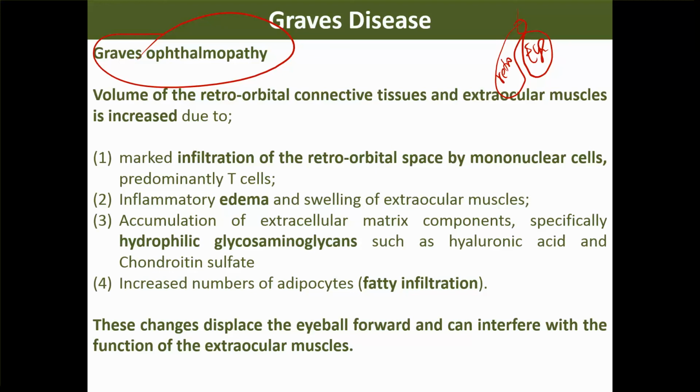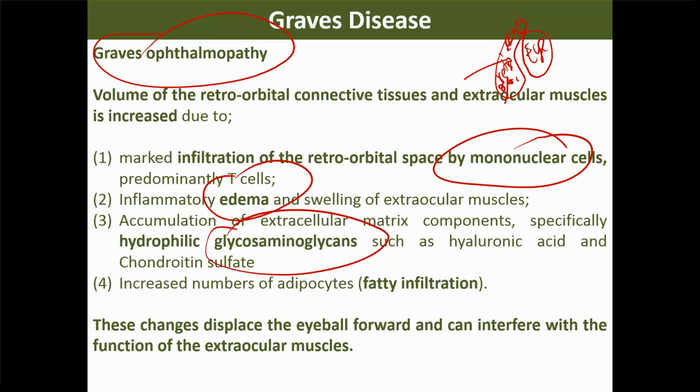What happens is inflammation happens here. Mononuclear cells go and produce serous edema, and they increase the connective tissue substances, and they push the eyeball out. After a period, that will be completely replaced by fat cells. So this is the problem in Graves ophthalmopathy.